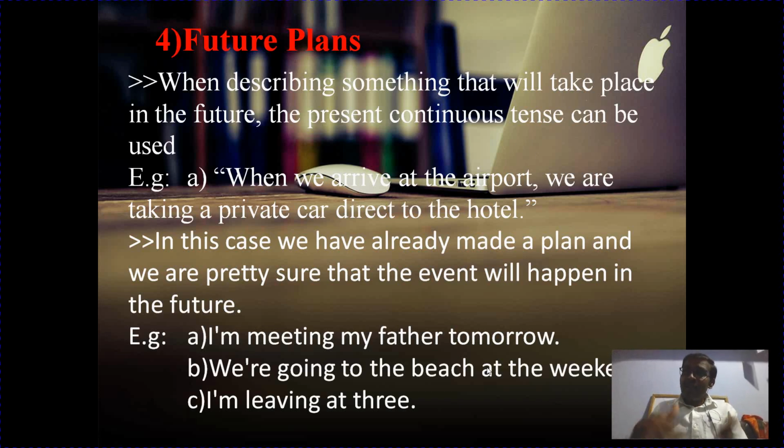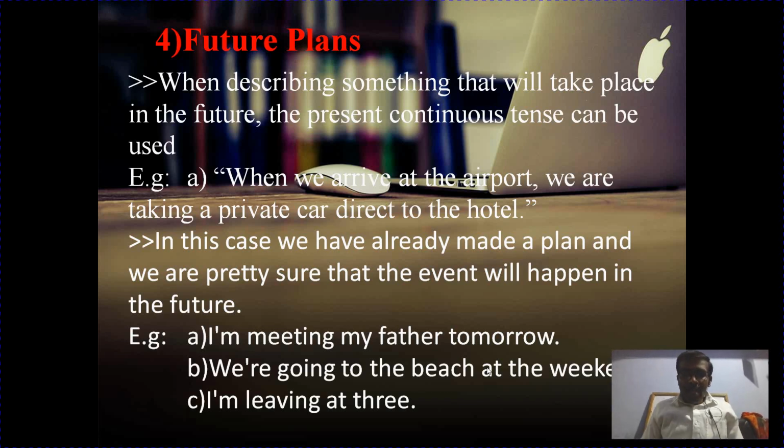A very near future can also be explained with the simple present tense. As well, this present continuous form can be used to express the very near future. When describing something that will take place in the future, the present continuous form can be used.